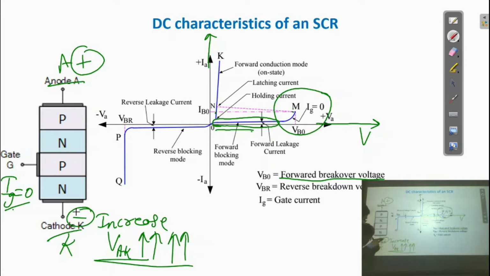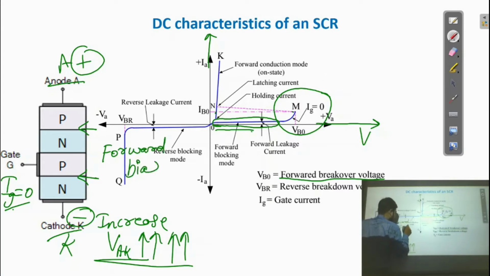With respect to positive, this junction and this junction will be in forward bias.